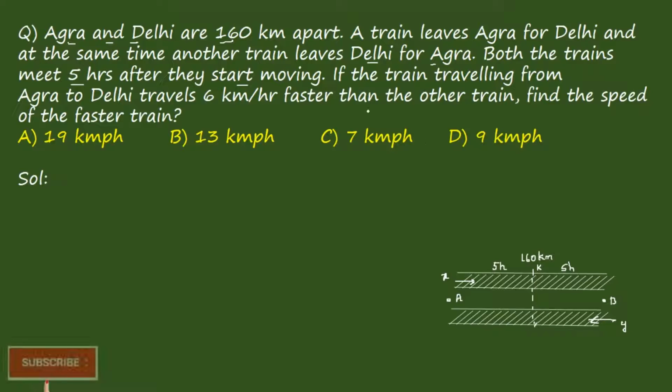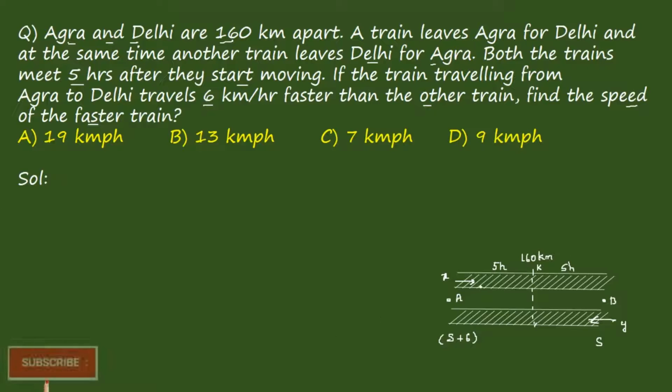If the train traveling from Agra to Delhi travels 6 kilometers faster than the other train, consider that the speed of Y is S, then the speed of X is equal to S plus 6, right? We got it, right? From Agra to Delhi is 6 kilometers faster than the other train, so it is S plus 6. Find the speed of the faster train.